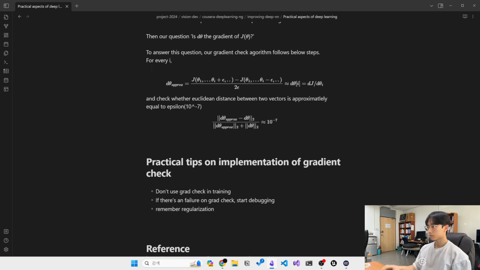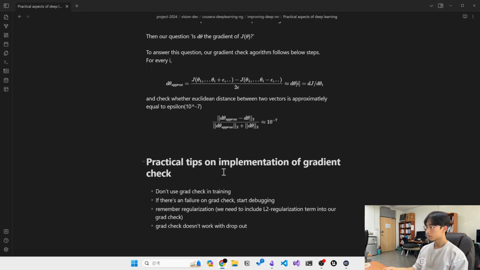Next, grad check doesn't work with dropout because in every iteration, dropout is randomly eliminating different subsets of the hidden units.